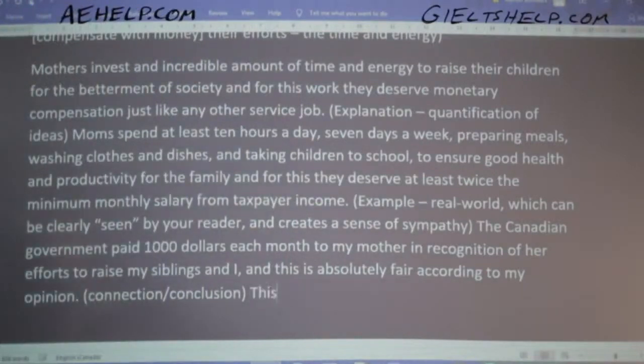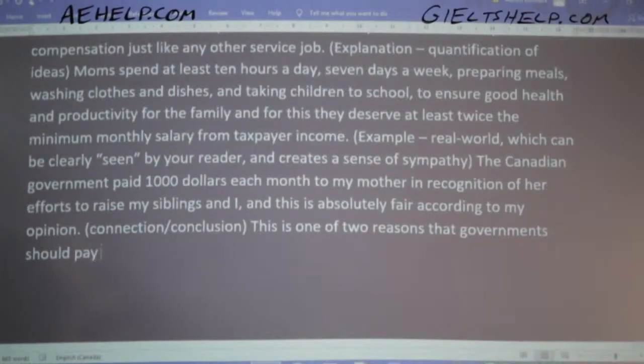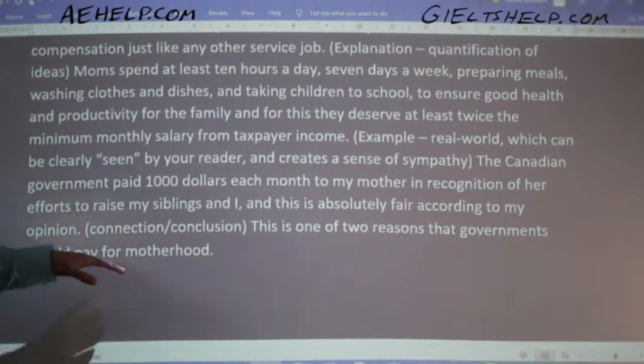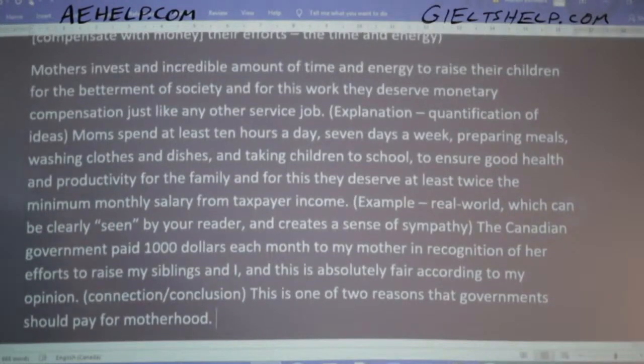So, this is one of 2 reasons that governments should pay for motherhood. Okay, so let's read this paragraph now. You'll notice it's not actually that long. It's roughly about 80 words or so, which is absolutely fine for a body paragraph.